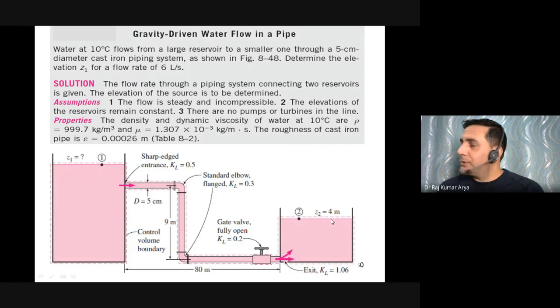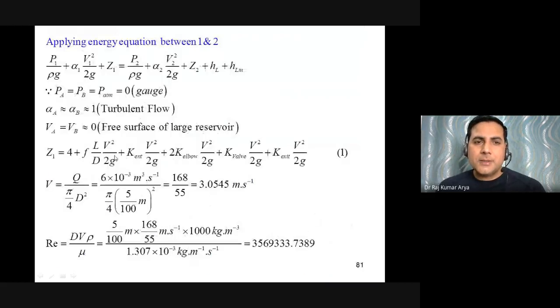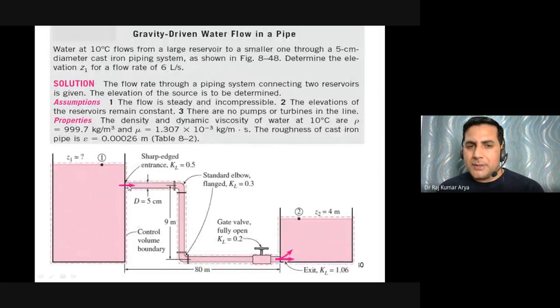Z2 is given to you as 4, right? In between that, आप देखिए क्या क्या दिया है. यहाँ से यहाँ तक, from here, this is one pipe. This is another pipe from here. After that, another pipe. So you have pipe lengths. ये length कितना दिया है pipe का? You see from here to here. कितना मीटर है length?